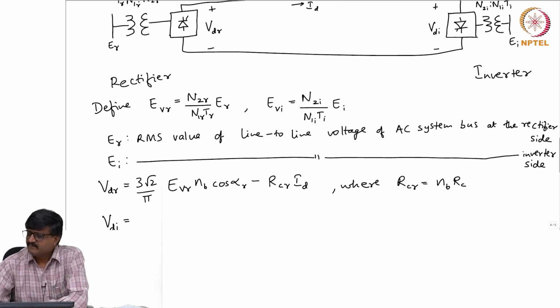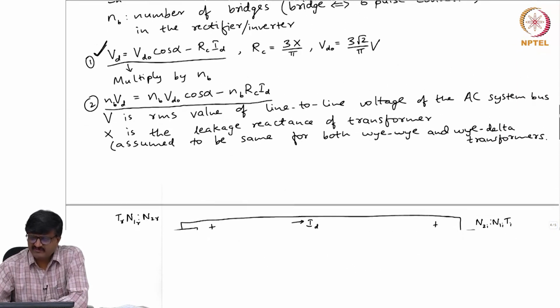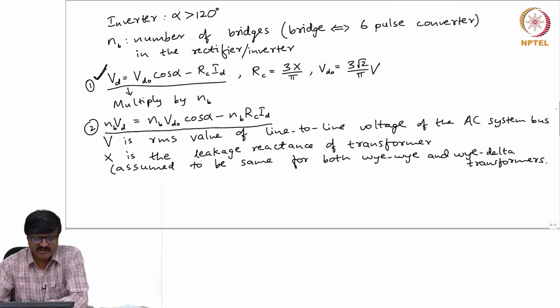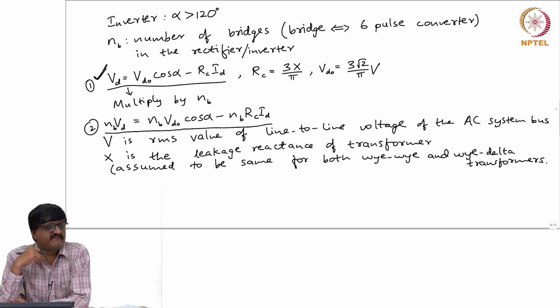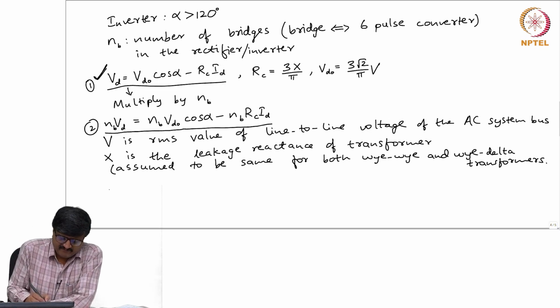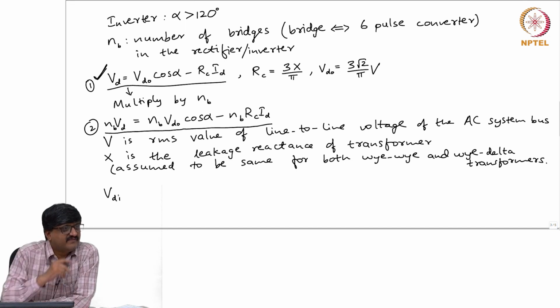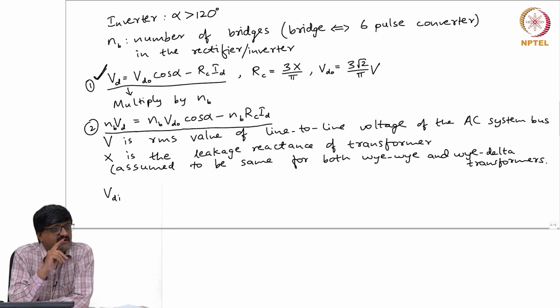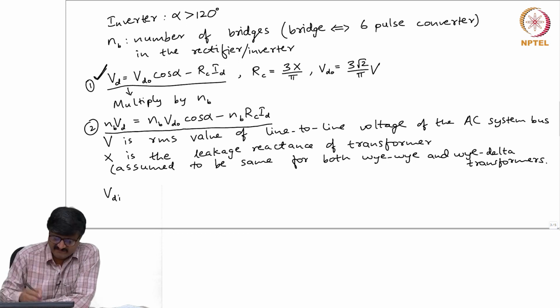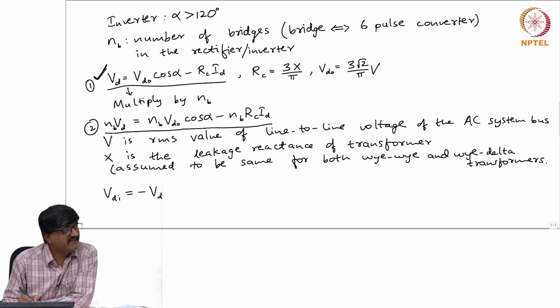Before coming to this special case, if you go back to the analysis of the 6 pulse converter, we had defined one quantity called VDI, if you recall. Just recall what we did for the 6 pulse LCC. We defined a quantity called VDI, which is nothing but minus VD.